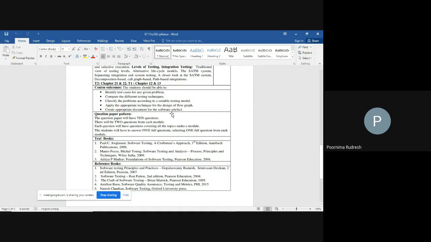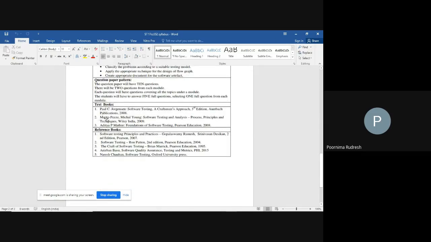So the prescribed textbooks, as I said, 3 textbooks are there. One is Software Testing, a Craftsman Approach by Paul Jorgensen, second one is Software Testing and Analysis: Process, Principles and Techniques by Pezzè and Young, and third textbook is Foundations of Software Testing by Aditya P. Mathur.